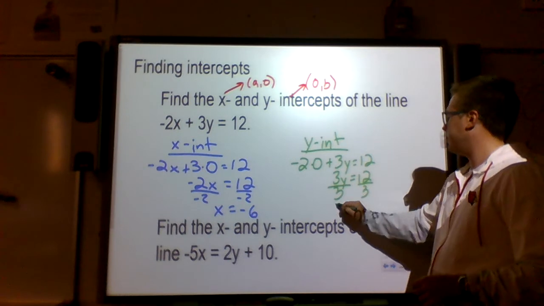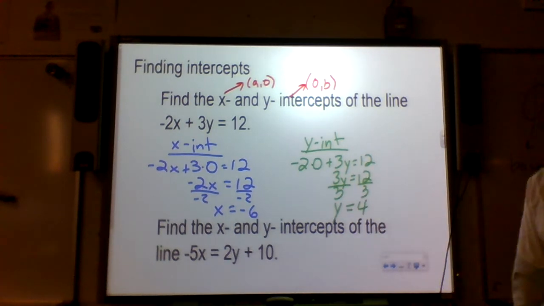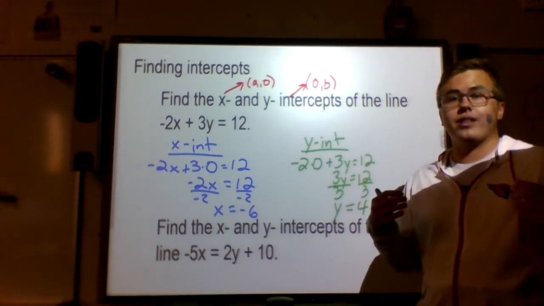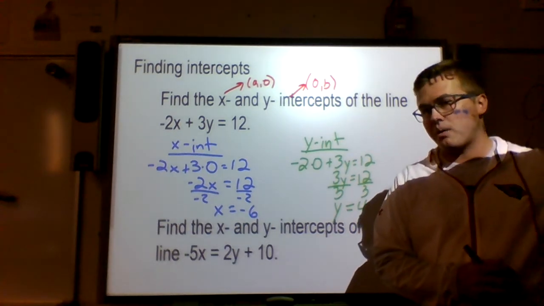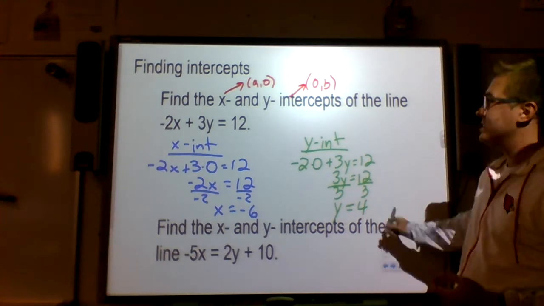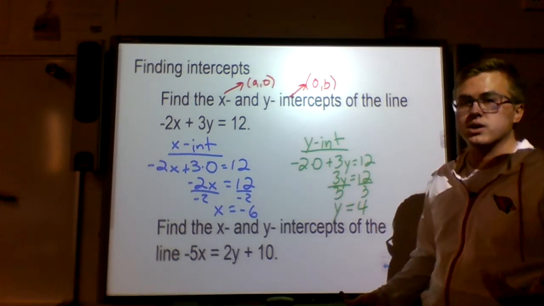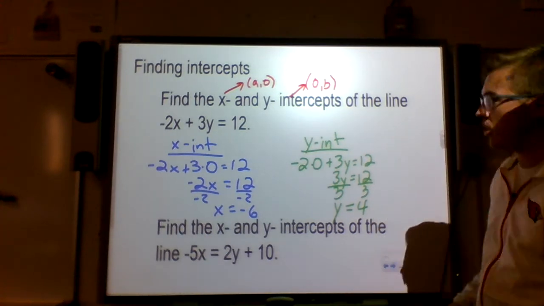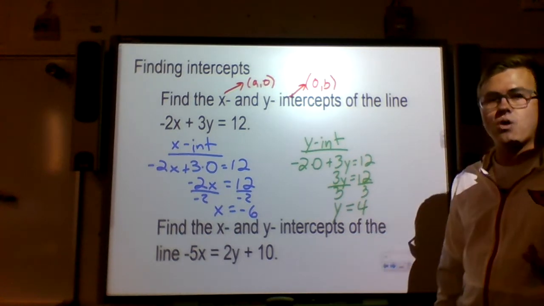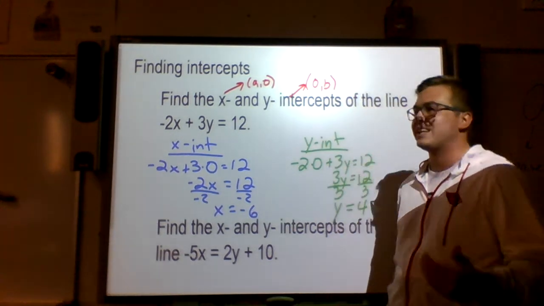Divide by 3, y equals 4. So I think I remember mentioning that 0 is our friend, 0 is a nice number. 0 does a lot of good things for us because it just gets rid of a whole term, and it's super easy to solve.